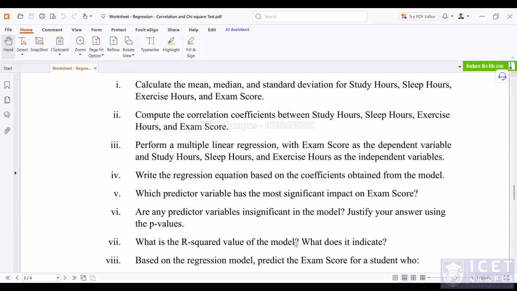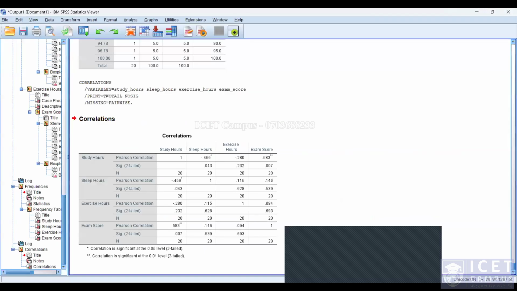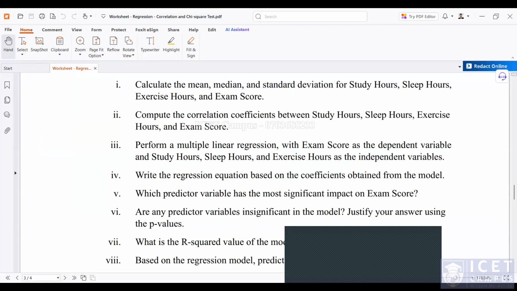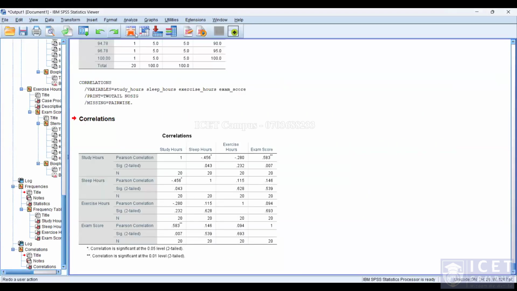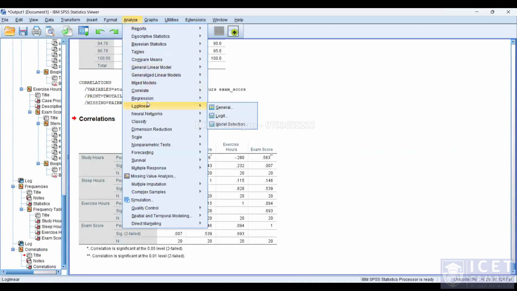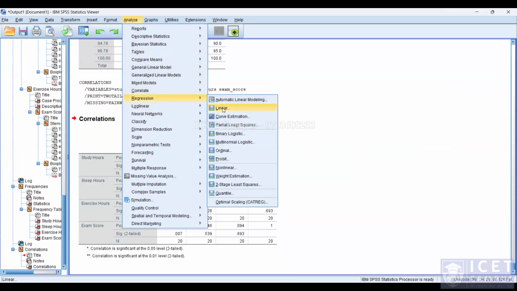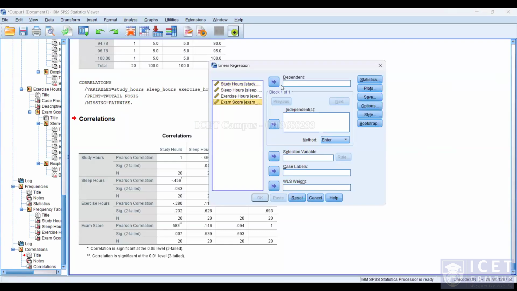Right. Then we can go analyze, correlate, bivariate. Correlations, okay. Next one. Write the regression equation. Okay. Regression equation we have learned. Therefore, we can go analyze, regression, linear regression. Dependent variable is exam score.